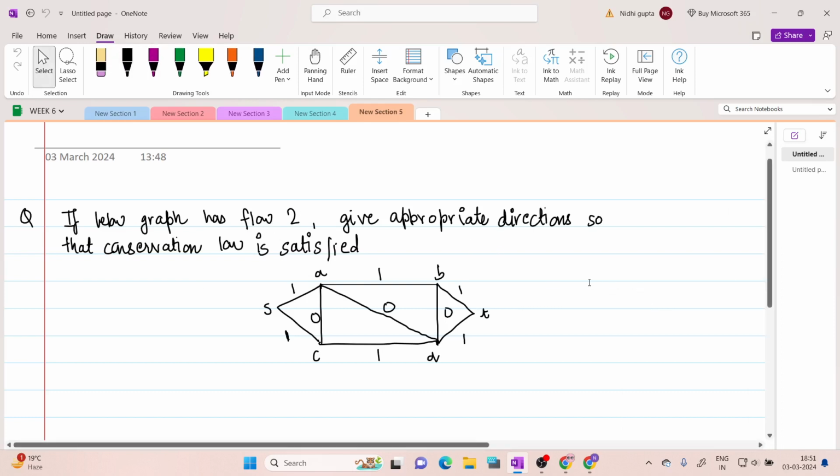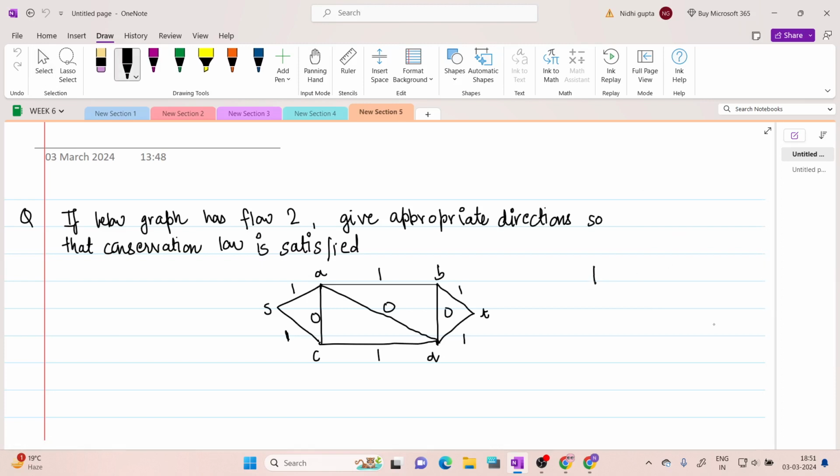There is one more definition: what is the total flow? If we are given a directed network with flow, then the total flow is equal to the flow coming into the sink vertex, which is equal to the flow going out of the source vertex.